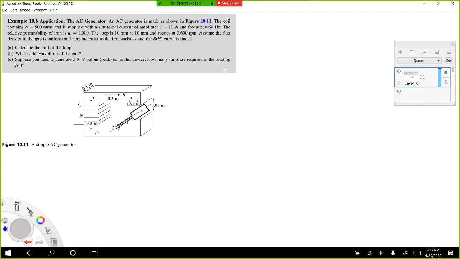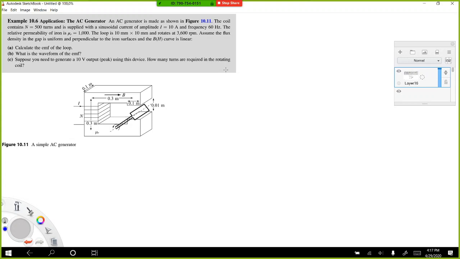The coil contains 500 turns and is supplied with a sinusoidal current of amplitude 10 ampere and frequency of 60 Hz. The relative permeability of iron, mu r, is 1000.